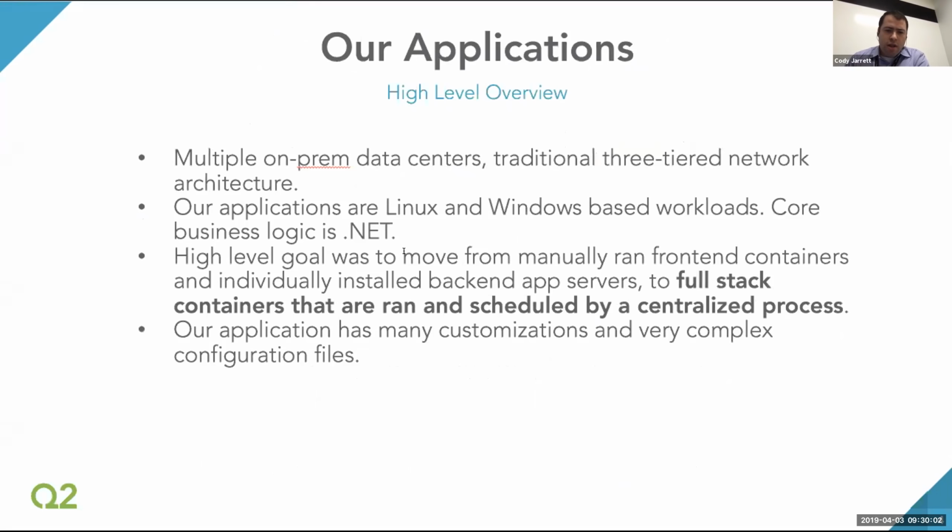And so our high-level goal was to move from manually run front-end Linux containers, almost the equivalent of a Docker run, and individually installed back-end apps, to having the full stack of our application run and scheduled by some sort of centralized process. And then another thing that we had to look into was that our application has a lot of customizations and a lot of pretty complex config files.